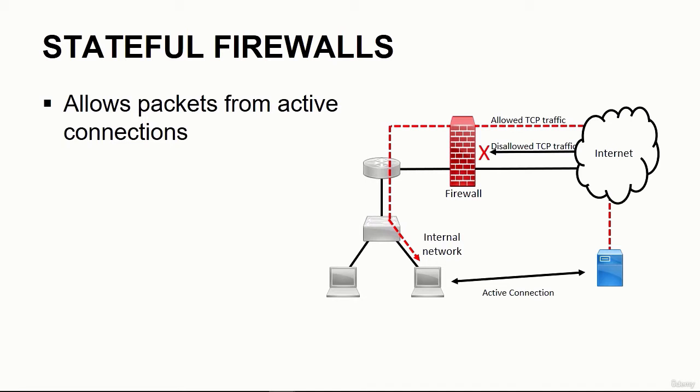But we could have that firewall configured to allow TCP traffic to come in if that traffic was part of a connection that was initiated by a client on the inside of the firewall to a server on the outside. So in our example illustration here, the client on the inside network can make a TCP connection with the server, initiating that connection, and then TCP traffic that's part of that active connection could be allowed through the firewall.